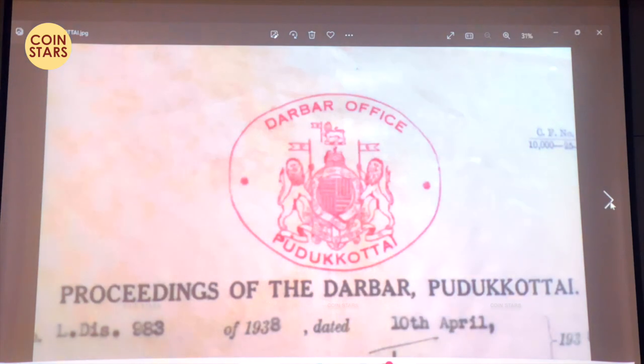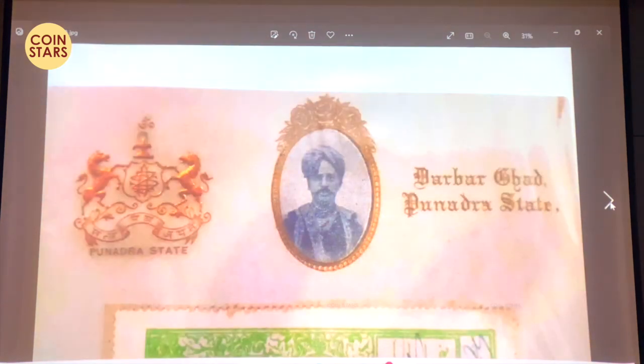Next is Pudukottai in Tamil Nadu. Proceedings of the Darbar. Next, this is Darbargarh, Punadra state in Gujarat. Maybe this is the only state which had the King's Maharaja's portrait on the letterhead.